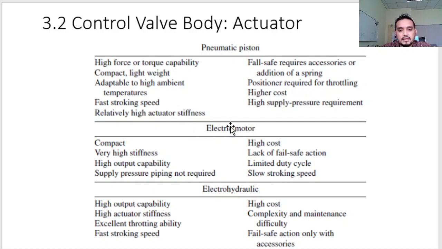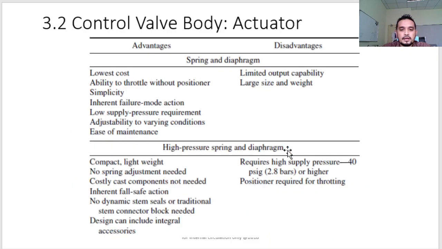And we also have electric motor and hydraulic. You can read all of this by yourself and should be able to make a simple comparison between all of these types of actuator.